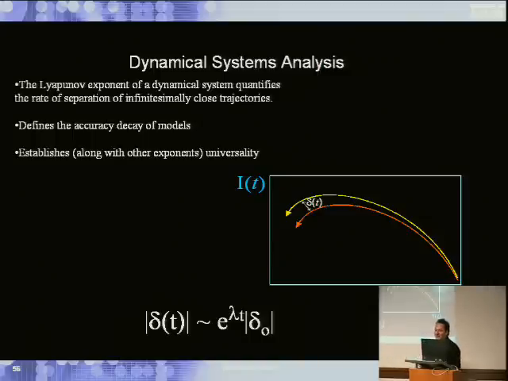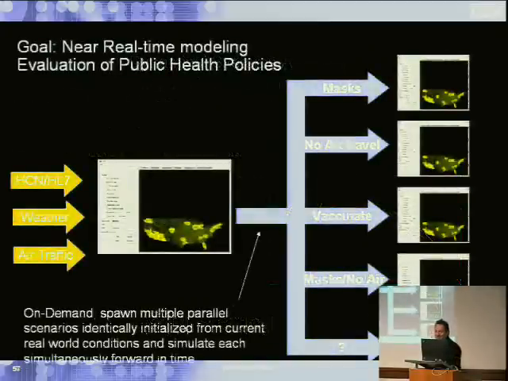And so the rate at which those systems diverge in a phase space can tell you how fast your models are going to lose accuracy. So you have a 5-day forecast for a reason. Given the grid and given what we know about the models of the weather, we know after 5 days the predictions aren't very good.